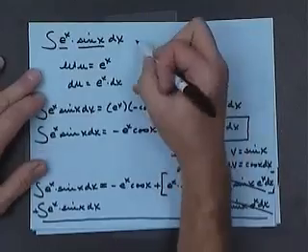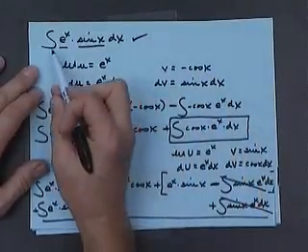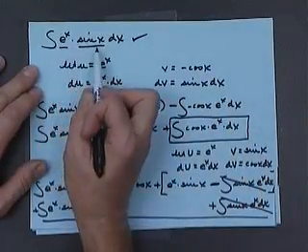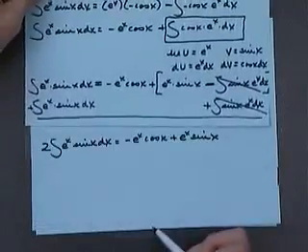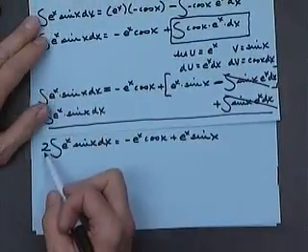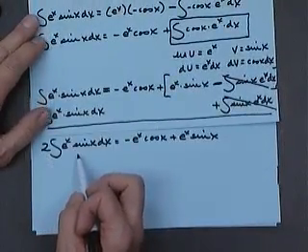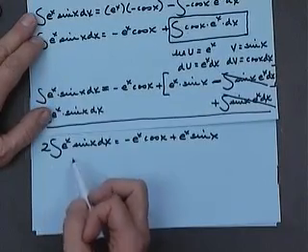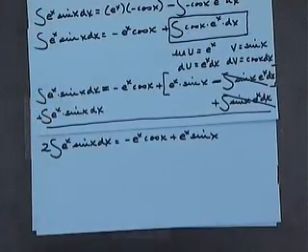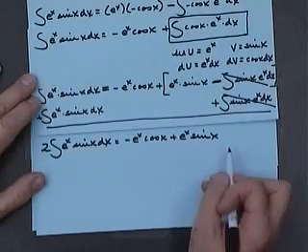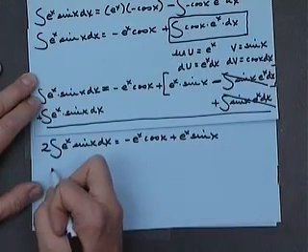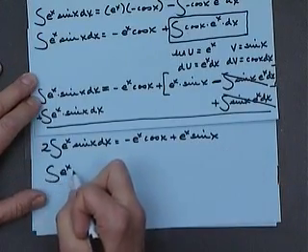Divide by 2. Here's the original problem right here. What's the integral of e to the x sine of x? At this point in time, we have twice what we started with. We don't want twice what we started with. We want to know what is the integrand that we started with. So take half of each side.